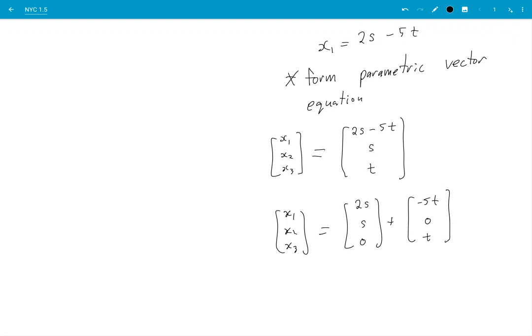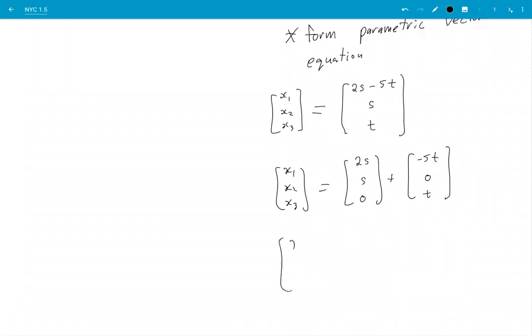So I'm just decomposing the right-hand side. Left-hand side, don't touch it. Factor out the s: 2, 1, 0, plus t times minus 5, 0, 1.